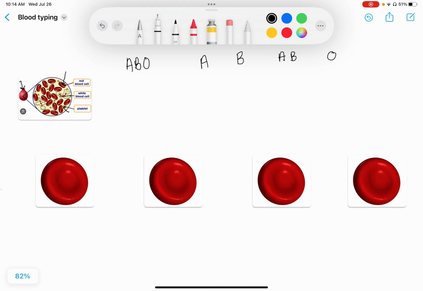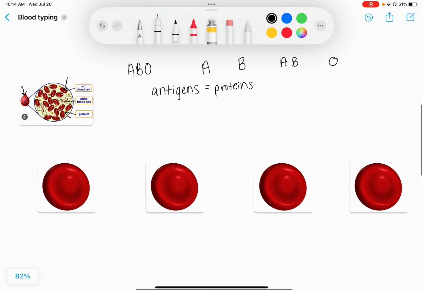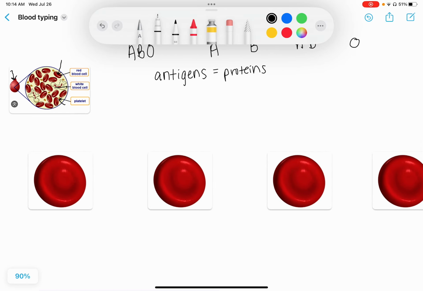When you're talking about blood types, you're talking about antigens. Antigens are proteins on the surface of the red blood cell. Think of them as little receptors, like little identifiers. For example, this is a red blood cell, so I'll label that.